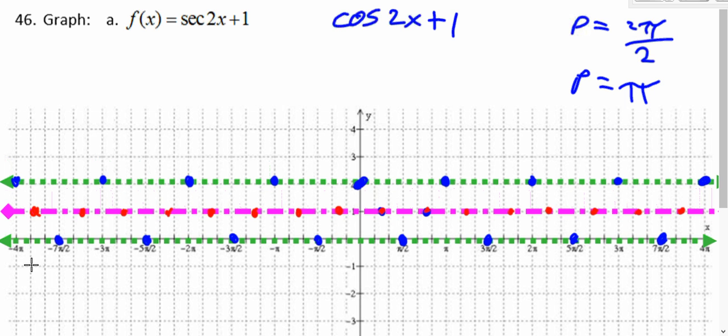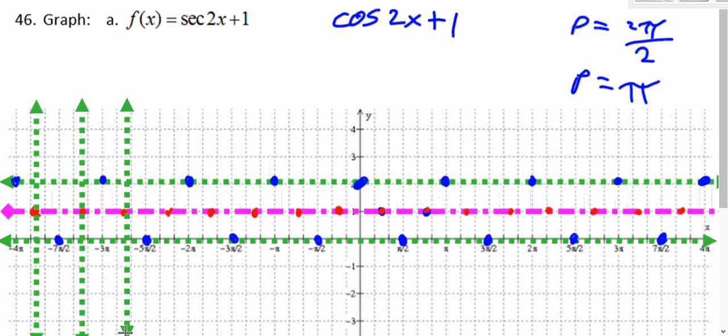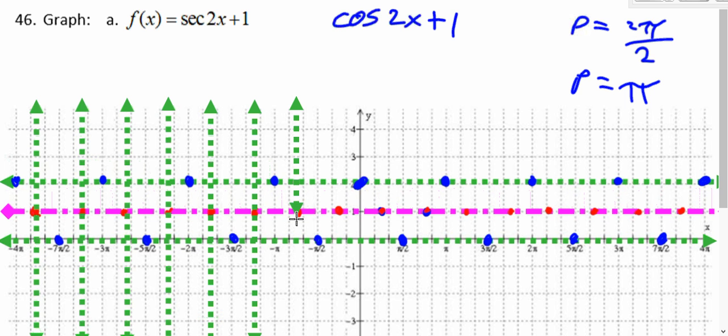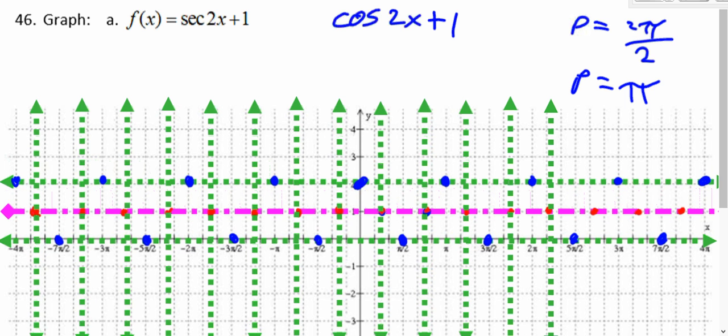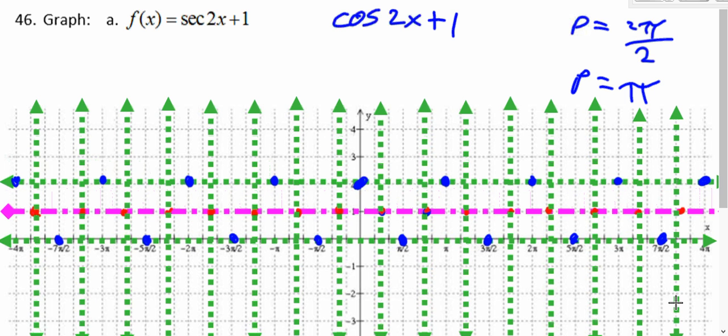So at all these red dots that I put on the midline, all those red points, we have vertical asymptotes. That's the last one.